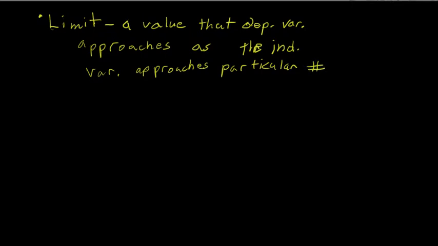So let's look at one example here. Let's say we're looking at f of x equals x squared. So its graph will look, this is the x-axis, this is the y-axis. Excuse the messiness here, but hopefully you'll be able to see the idea.